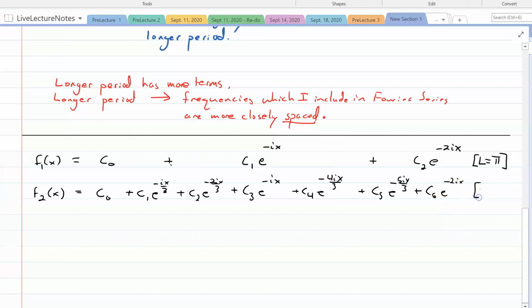This is a function which has L equal to 3 pi. This is a longer period. I wrote these in this funny way to kind of line them up.